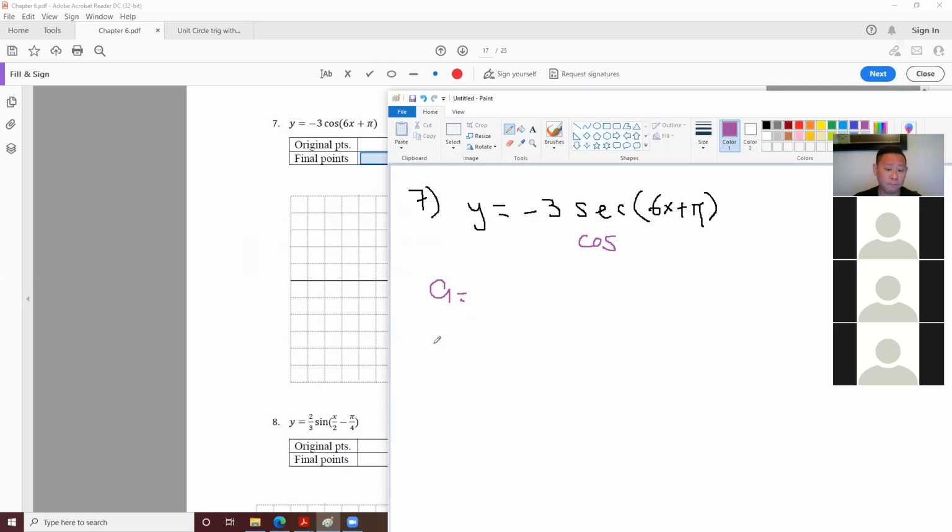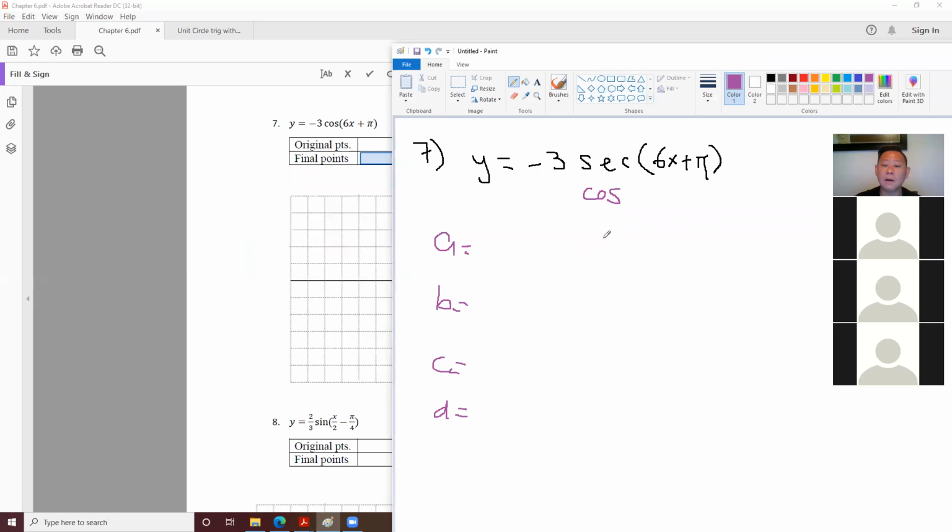Again, how do you draw your cosine graph? You need to know your A, B, C, D. By looking at this, can someone tell me what is my A? -3. B? 6. Not 6x. Like slope, you don't give me x, just 6 is enough.